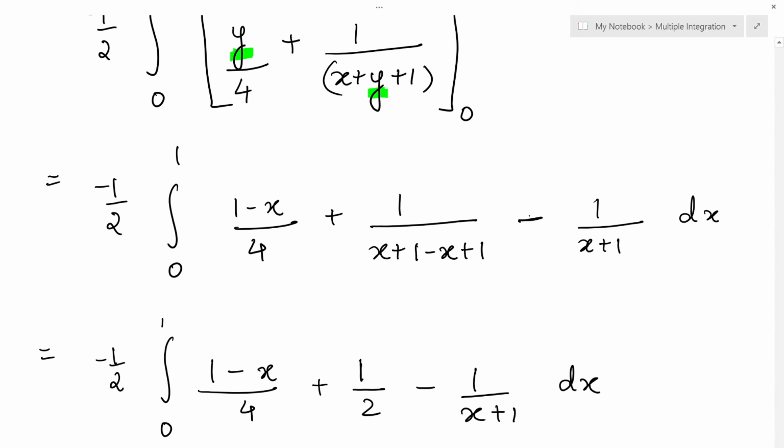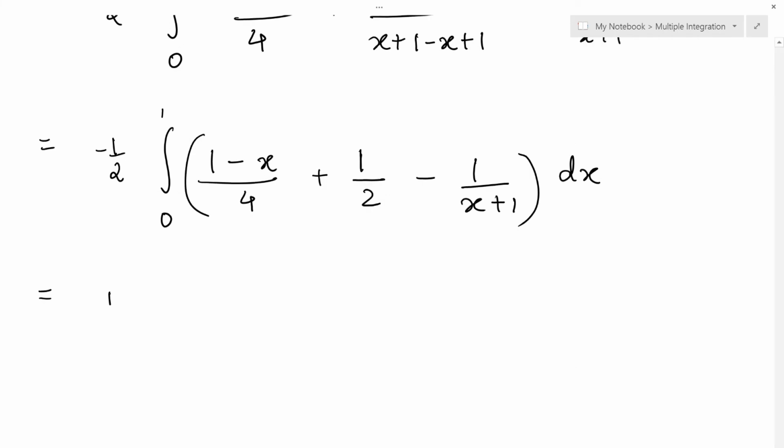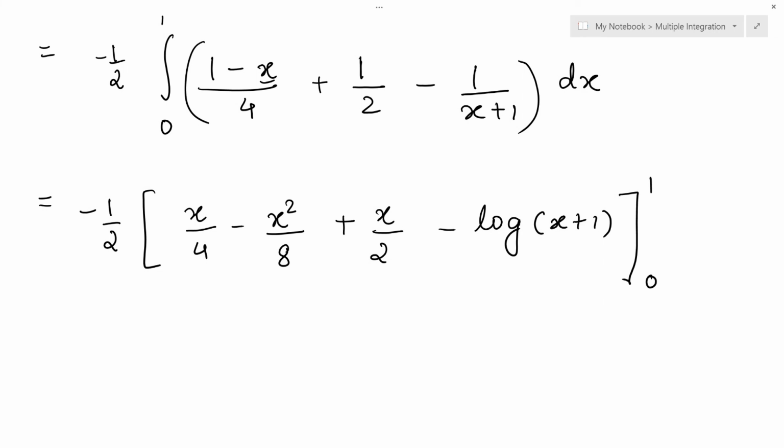Now simple integration remains. Let me integrate this with respect to x. So minus 1 by 2. Integration of 1 is x by 4, x integration is x square by 2 and 4 will become 8. This will be x by 2 and this will be log of x plus 1. The limits of integration are 0 to 1. If I substitute the limits, I'll have 1 by 4 minus 1 by 8 plus 1 by 2 minus log 2.